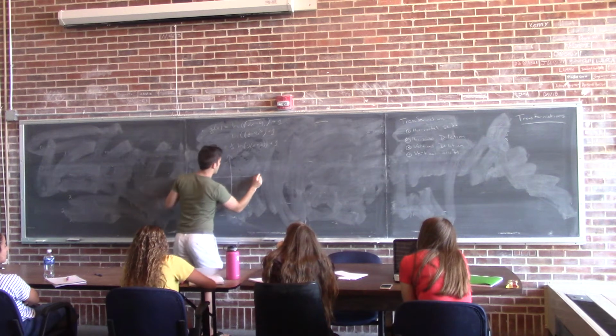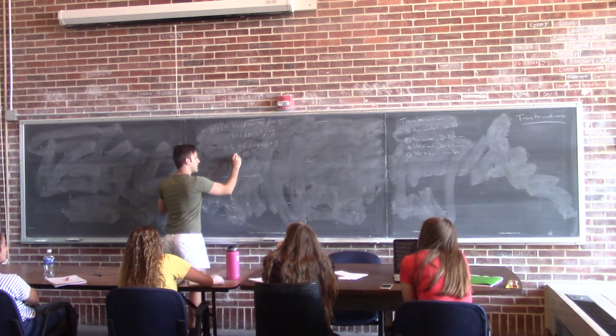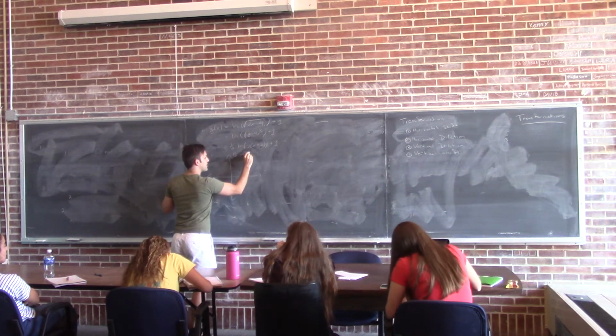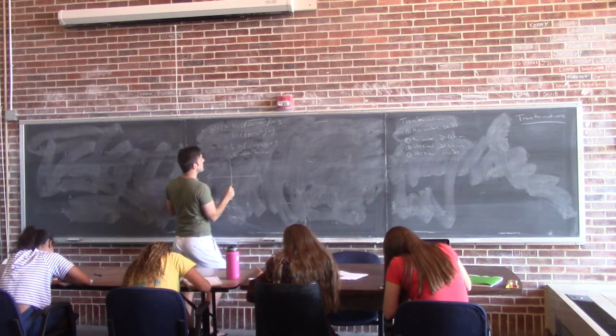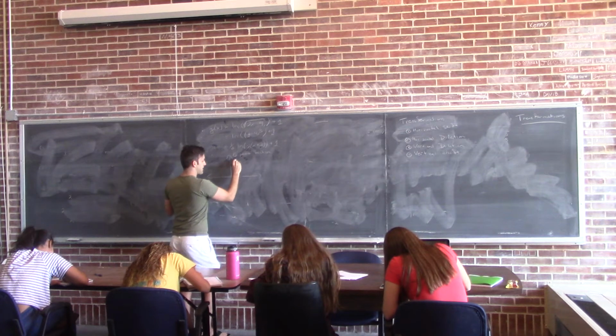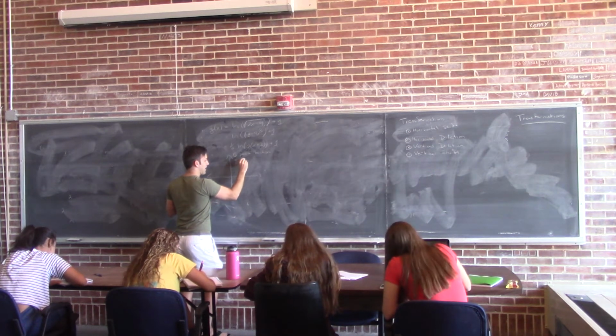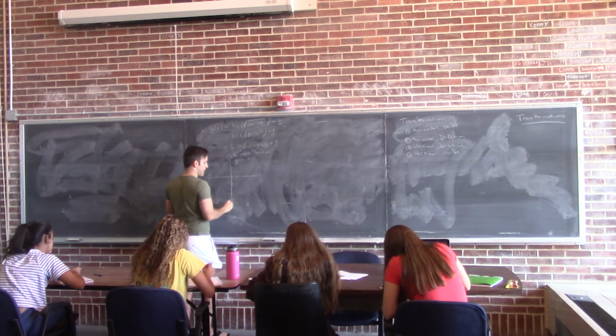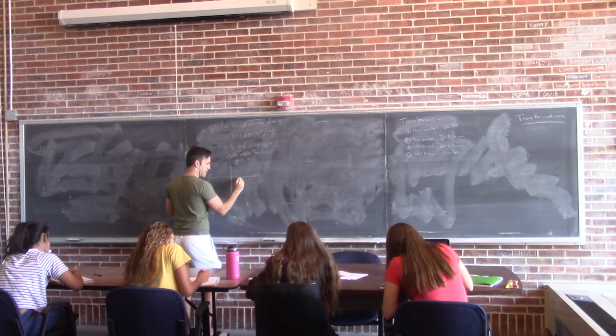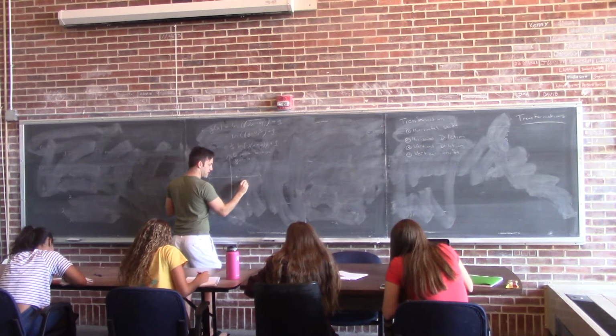So let's start with the parent function. The parent function of this is ln x. And let's pick some nice points. How about this one? What point is that? 1, 0, yeah.